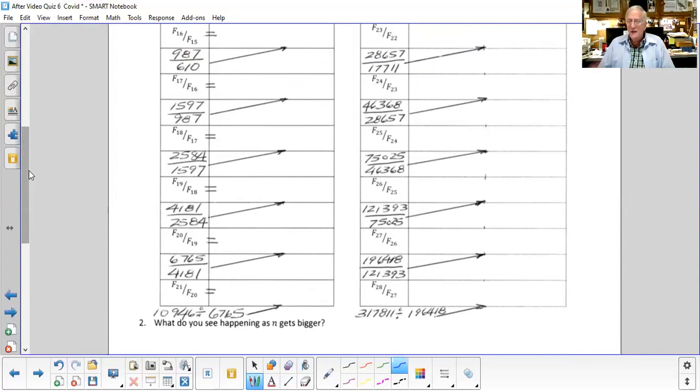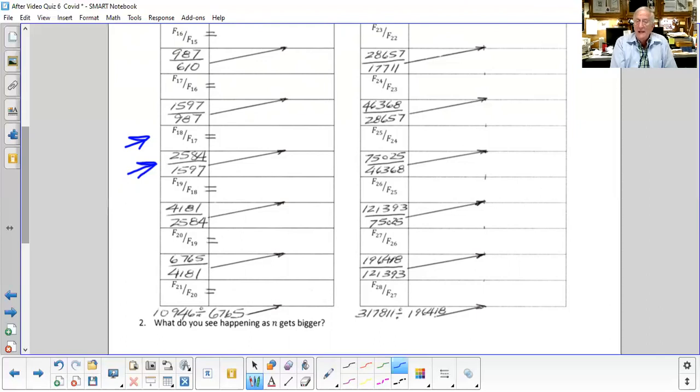Okay, so here's what I'd like you to do. Would you just take a second, please? Take your calculator, and let's go to this one right here. Take the 18th Fibonacci number, which I've already written down for you, 2584, and divide it by the 17th Fibonacci number, which is 1597.